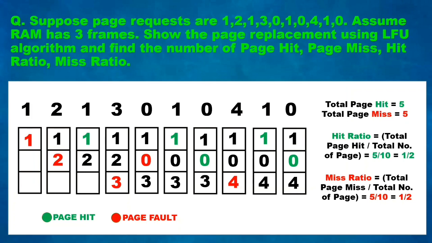So finally we are complete with the page replacement part. This page replacement is a very important part of memory organization. So I think all the page replacement algorithms, that is FIFO, LRU, optimal page replacement, MRU, LFU, you all understood.